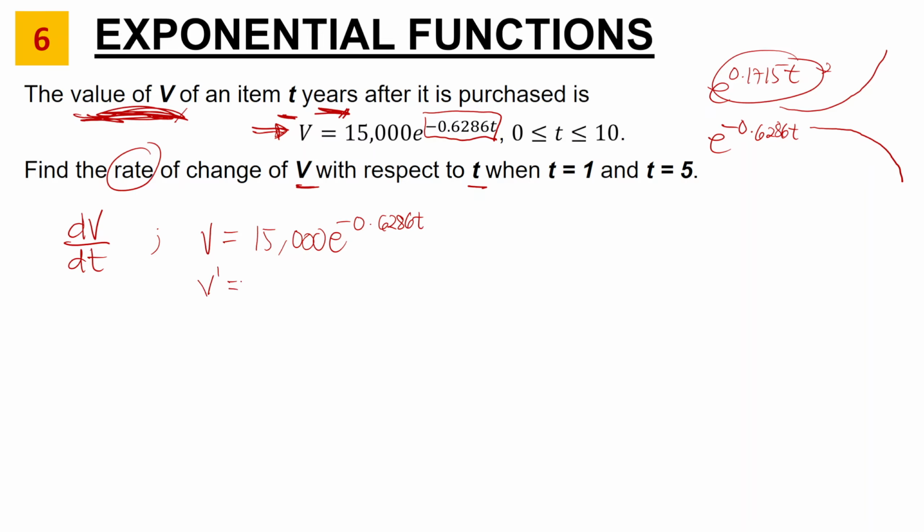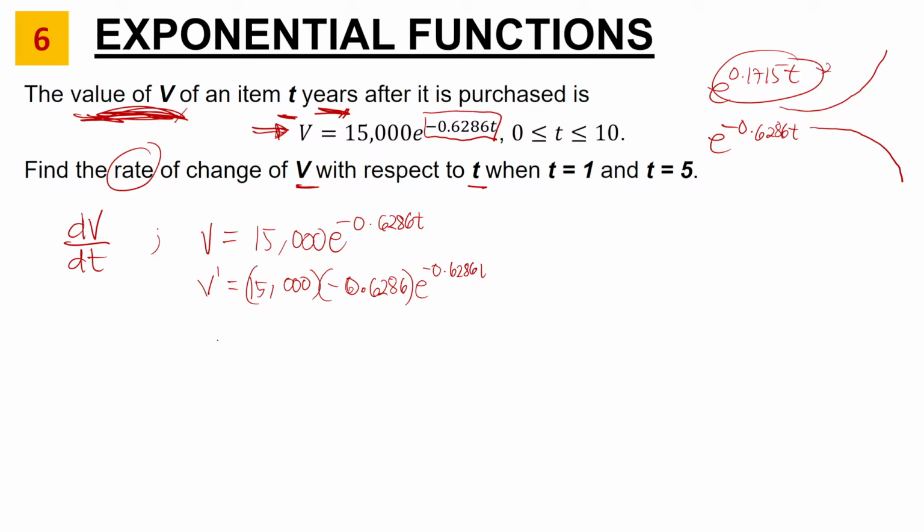Our v prime is equal to 15,000 times negative 0.6286 e raised to negative 0.6286t.